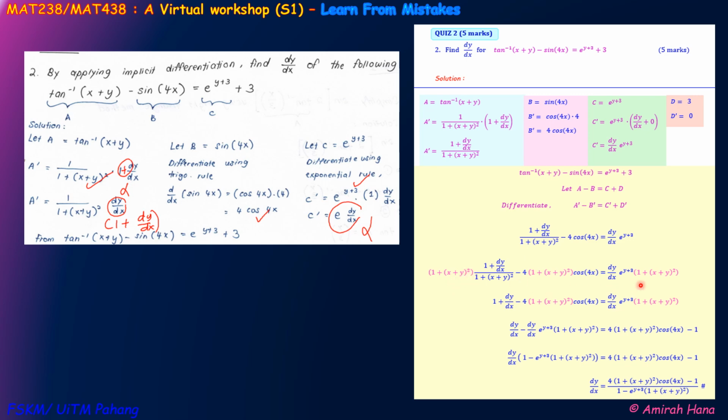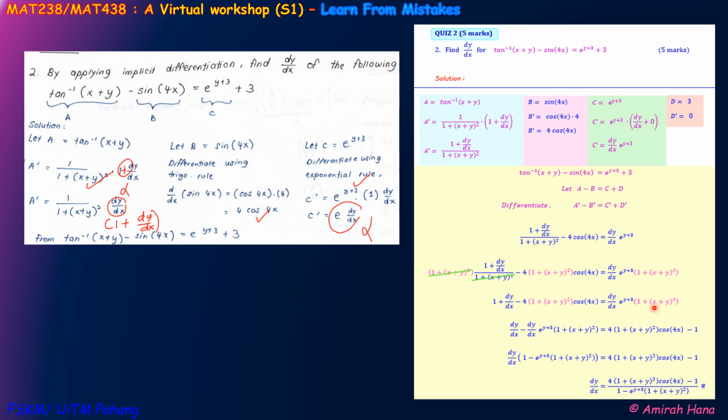And then from here, we can simplify 1 plus x plus y bracket squared in numerator and denominator here. Then after we simplify, no more over 1 plus x plus y bracket squared. So we have 1 plus dy over dx minus 4 times 1 plus x plus y bracket squared times cos 4x equals dy over dx e to the power of y plus 3 and then darab yang ni.